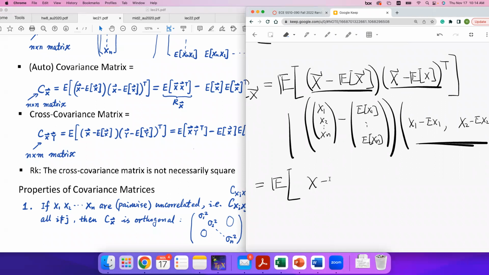This is x minus. You just need to remember this is a column vector and that is a row vector. So we can put the transpose inside.